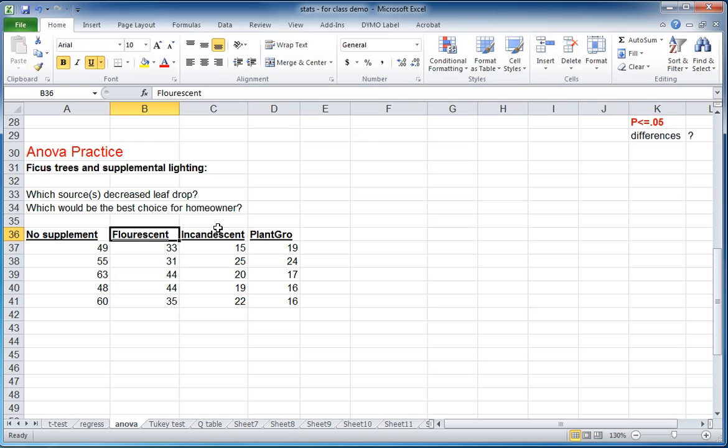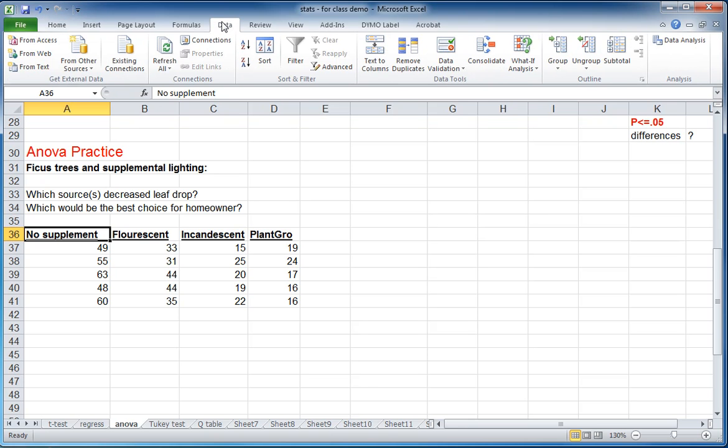So would a fluorescent bulb, an incandescent bulb, or a plant grow bulb, a sort of specialty bulb, be the best for keeping leaves on? Which source is best, and which would be the good choice for the homeowner? And of course we have a control which has no supplemental lighting at all.